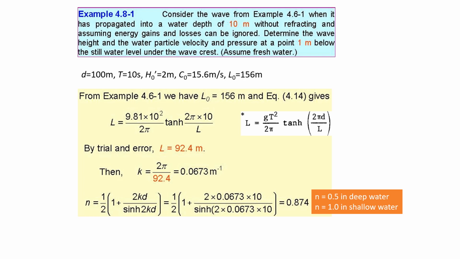Determine the wave height and the water particle velocity and pressure at a point 1 meter below the still water level under the wave crest.